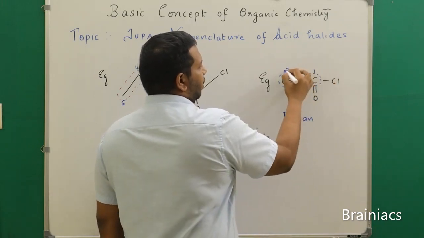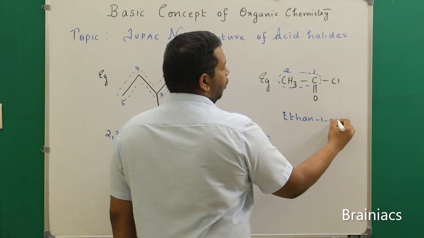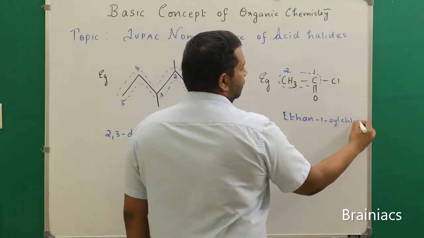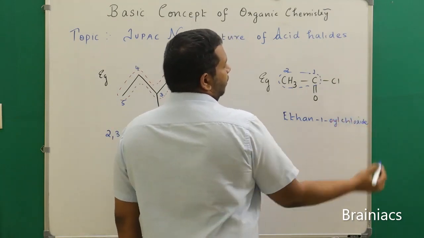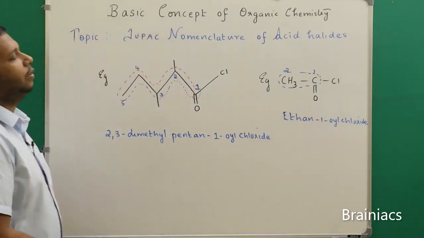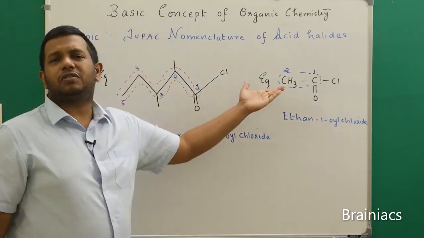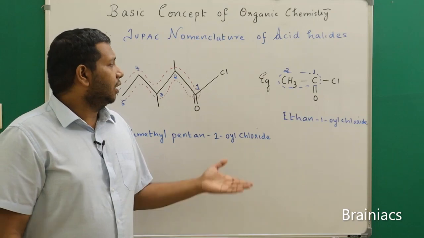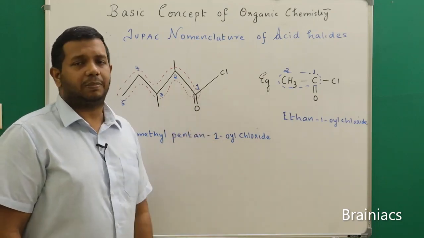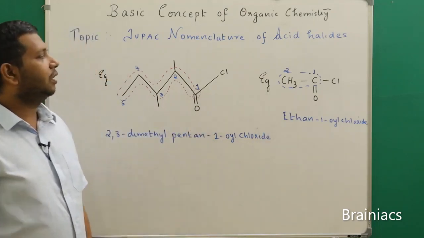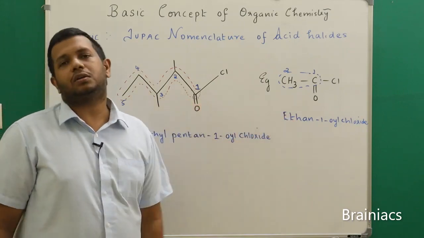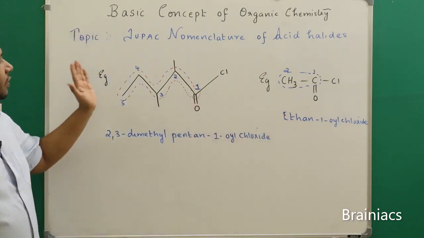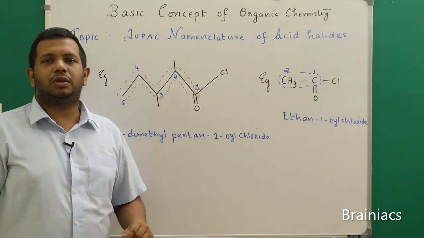So numbering 1, 2, so ethan-1-oyl chloride, that means ethanoyl chloride. There are no substituents, and the primary prefix is not applicable. So the answer should be ethanoyl chloride or ethan-1-oyl chloride. So this is the way you need to name acid halides.